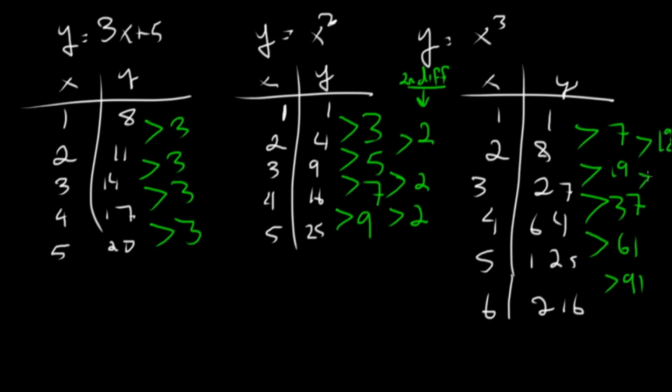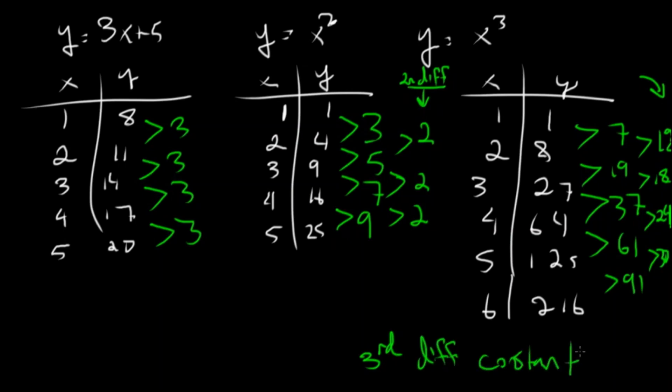We have 18 here. We have 24 here. And we have, what is that going to be? 30 there. Look at that. 6, 6, 6. There's a constant difference. There's a third difference that I wish I had room for. The third difference is constant in a cubic.